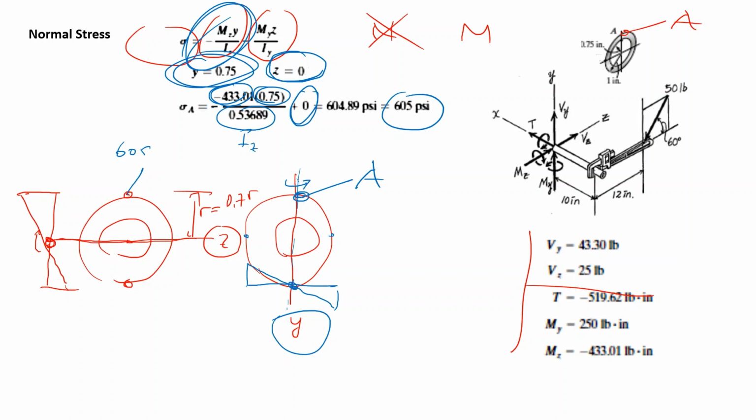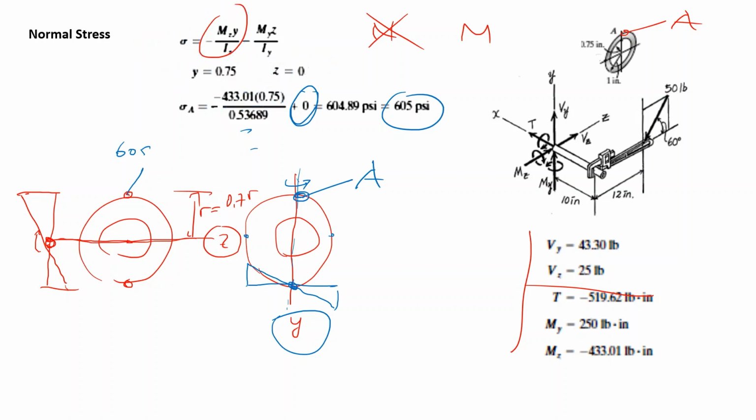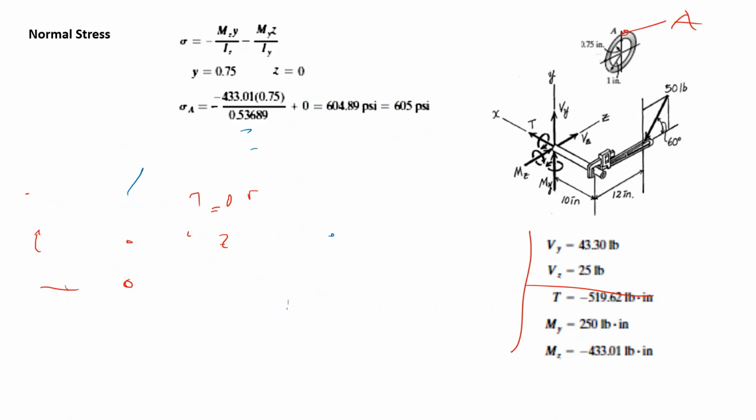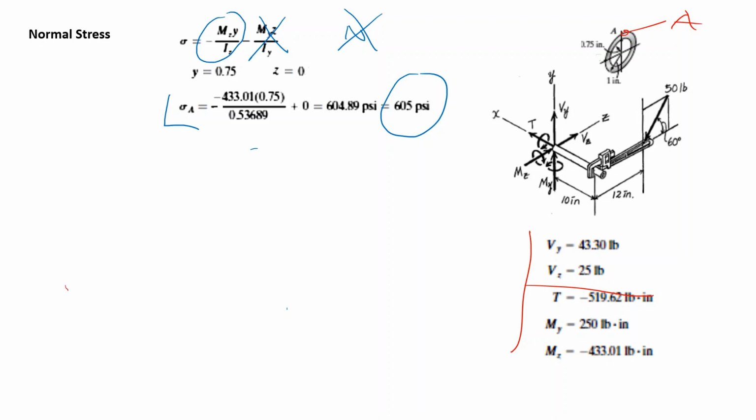So, as a result, the stress developed due to the bending moments and the normal forces is only 605. My has no effect; the stress exists only due to Mz.